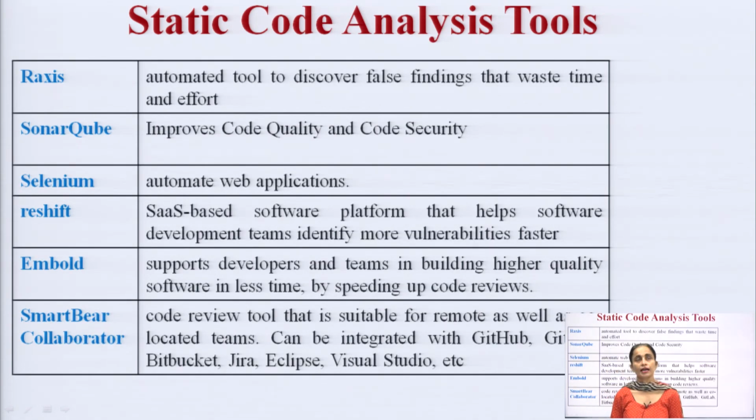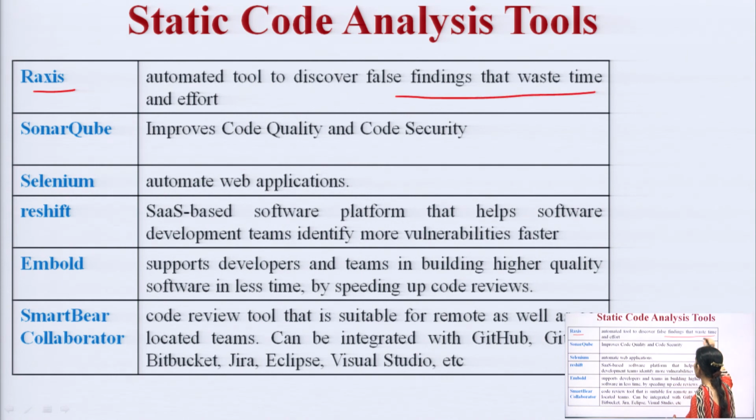Then there are various static code analysis tools to automate static testing. One of them is RxS, an automated tool to discover the false findings that waste time and effort when we are doing static testing manually. Second is SonarQube, which improves code quality and code security.